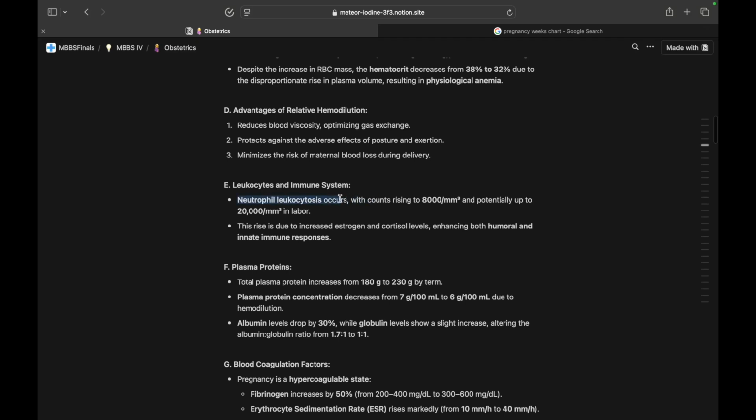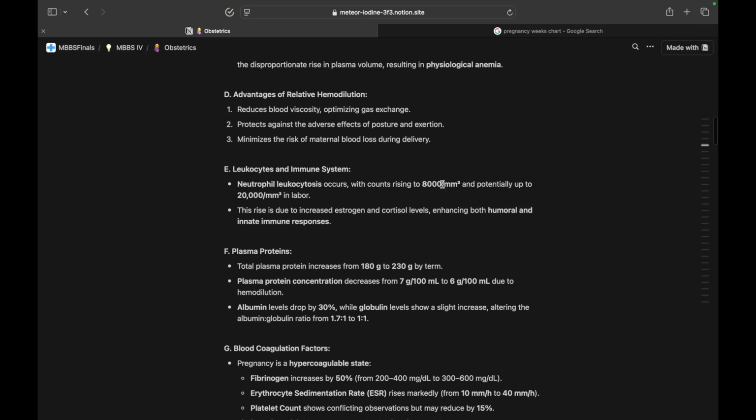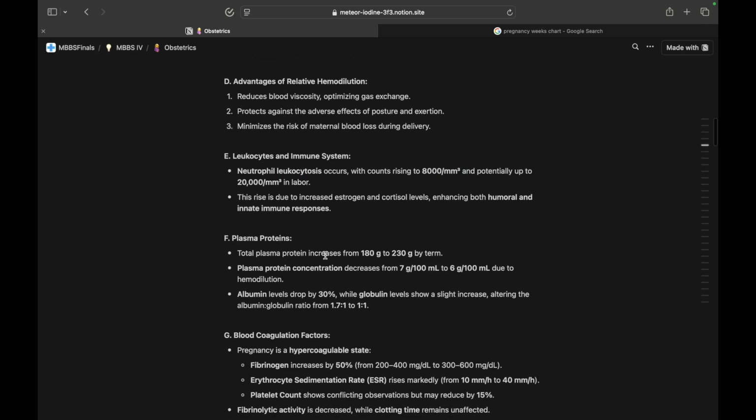Neutrophil leukocytosis with count rising to 8,000 per mm3, potentially up to 20,000 in labor. So neutrophils rise to 8K, and 20K in labor.